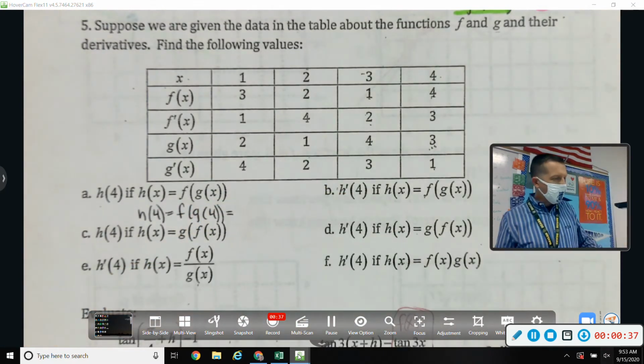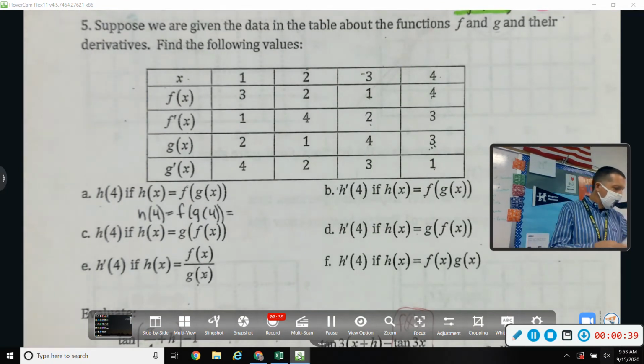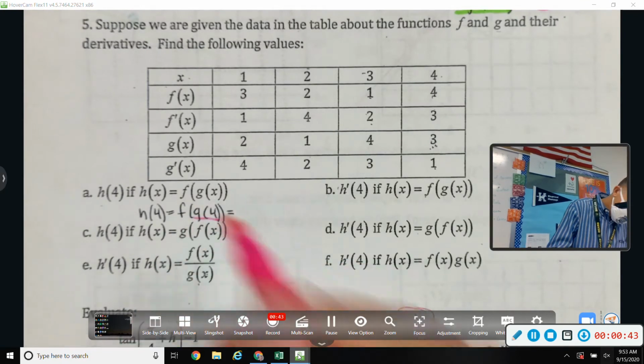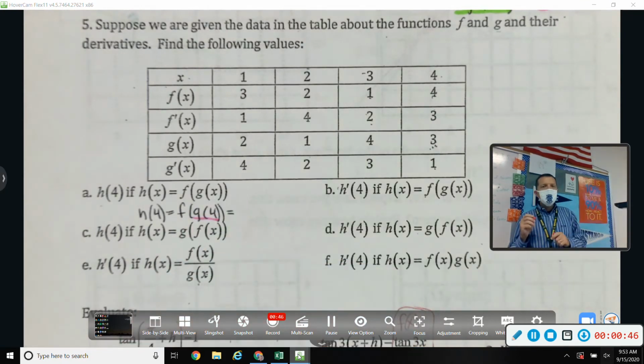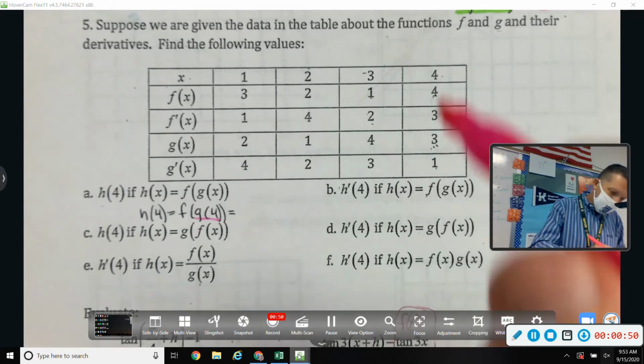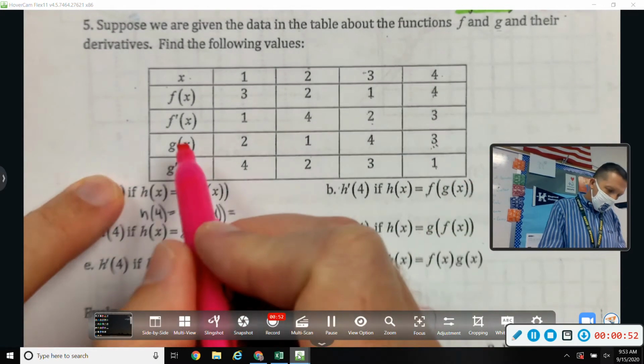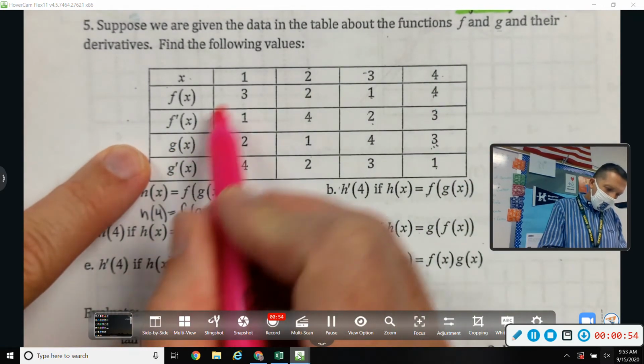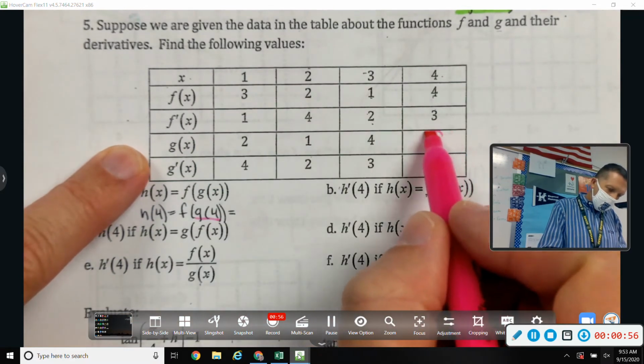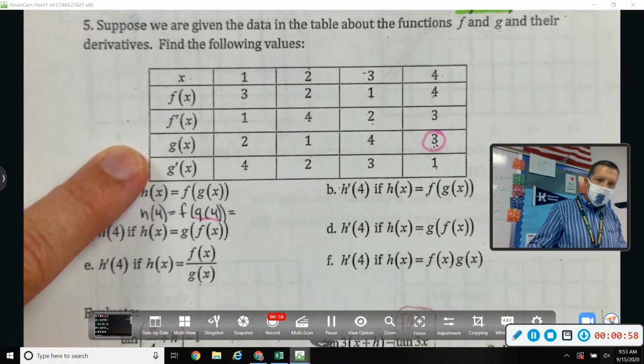So the first thing I need to get is g of 4. So I need the g function when x is 4. So a whole lot of numbers on this table. So there's g, and when x is 4, g of 4 is 3.